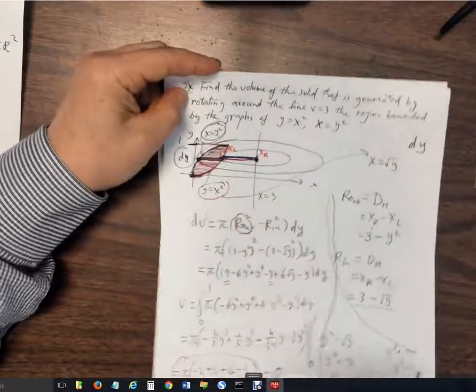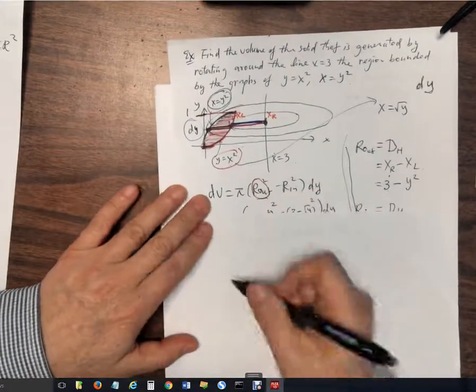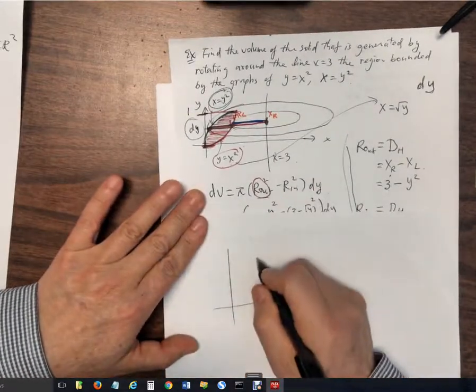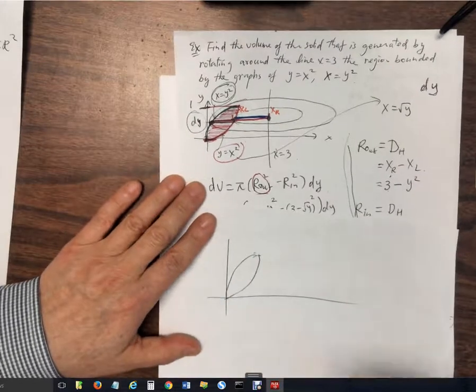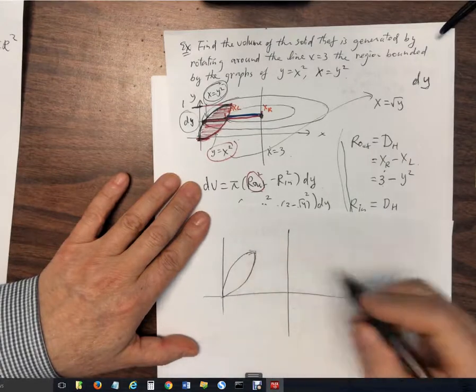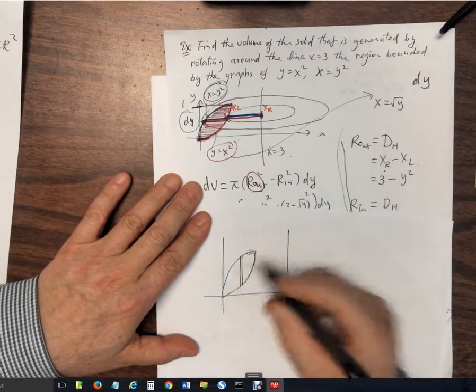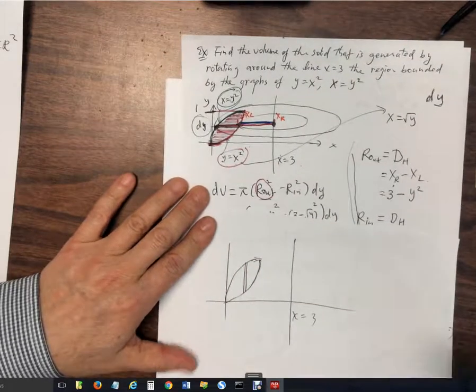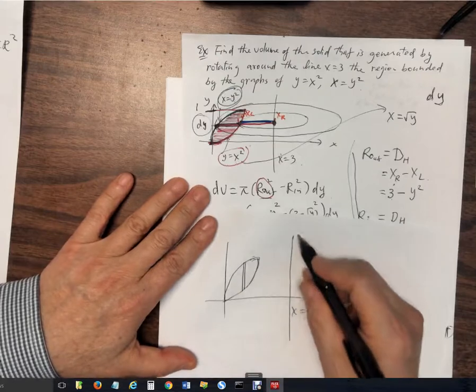Let me just quickly show you what would happen if you pick up a vertical strip. You can always change your mind if it's not getting what you were looking for. For x equal to 3, just simply say pick up for this problem a vertical strip and try. Okay, we're going to revolve around this line.